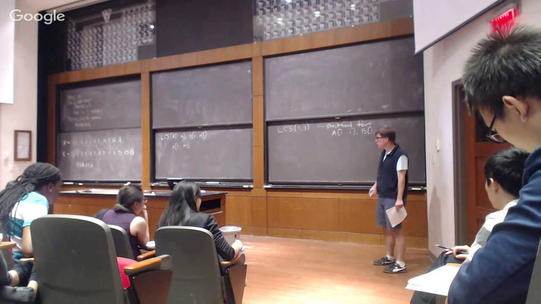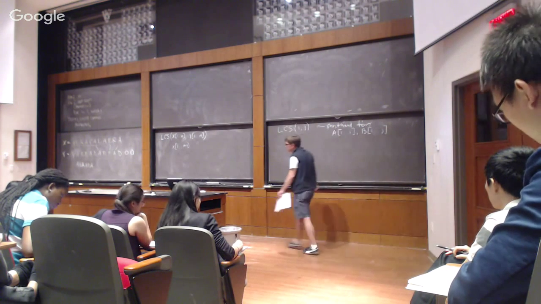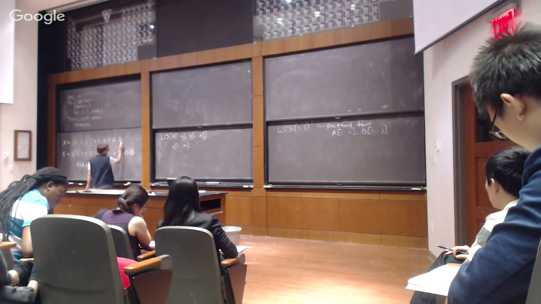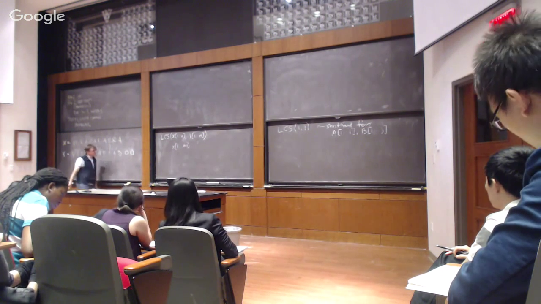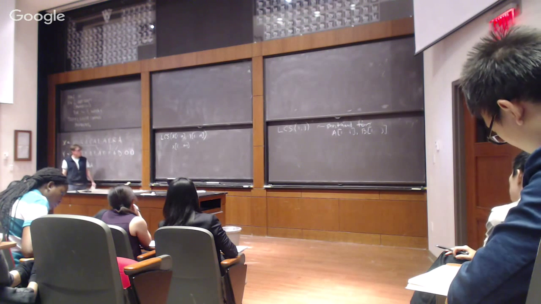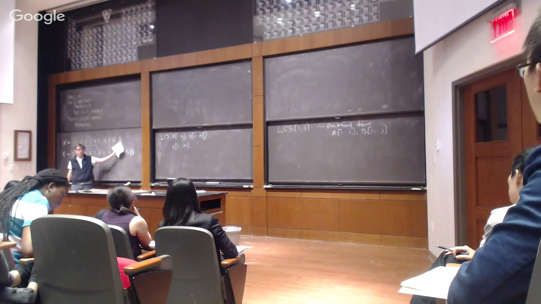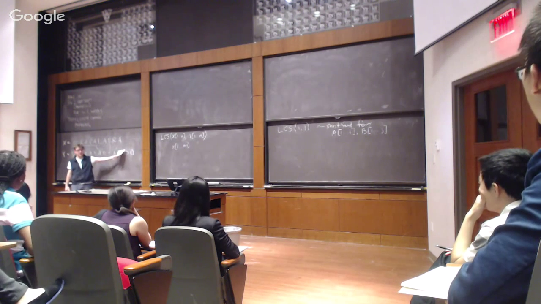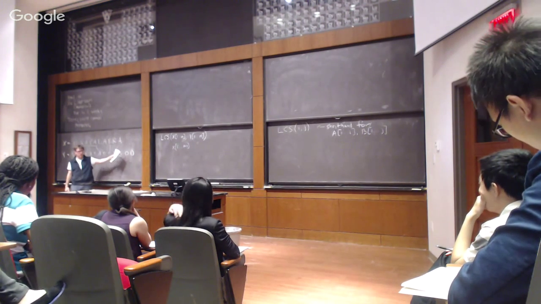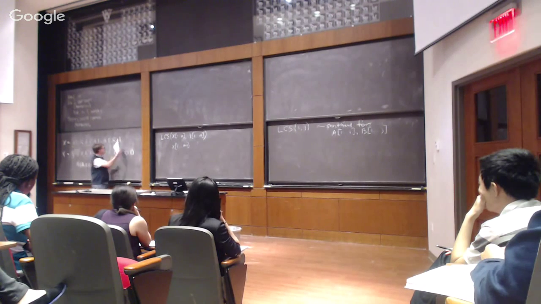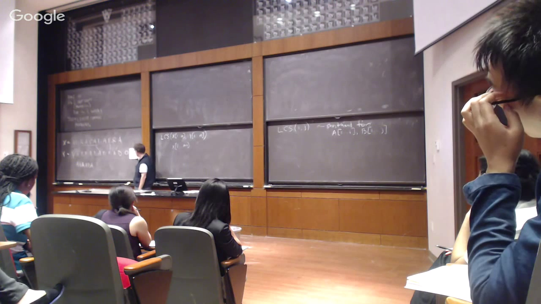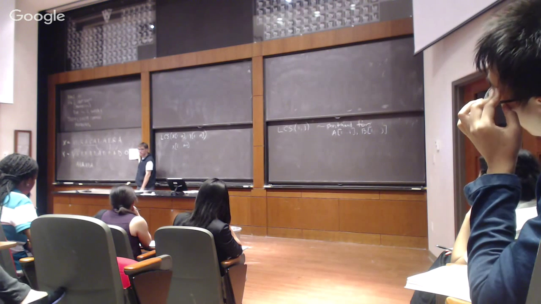If I have two strings and the last character is different, then it's not the case that I know right now what character should be in my substring. What I know is that these are different, so that's obviously not the right match. So maybe my longest common substring is the longest common substring of these two strings, or maybe it's the longest common substring of these two strings.